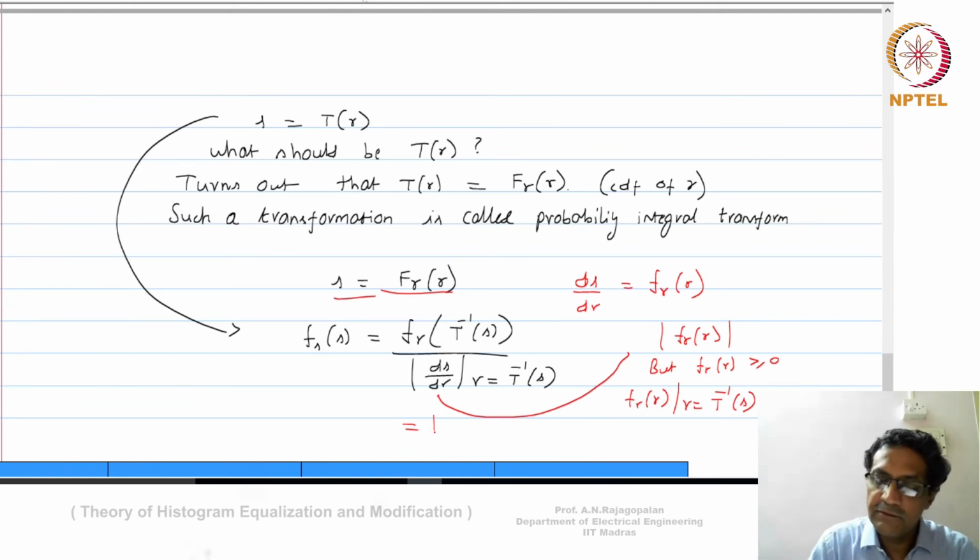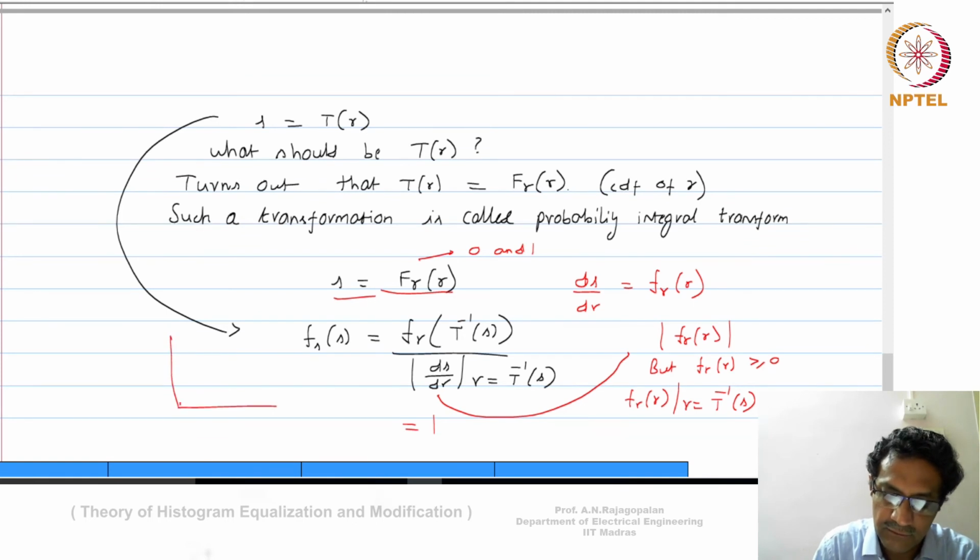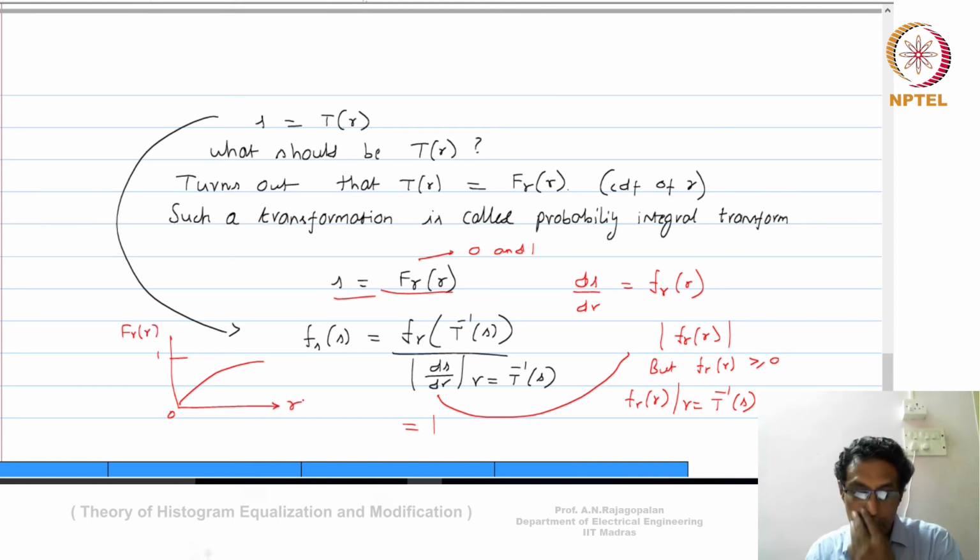Because s is fr of r, and fr of r will always have values between 0 and 1, fr could be something that grows from 0 all the way to 1. This will be your fr of r if you plot it versus r. What this clearly shows is that you have an fs of s that is equal to 1, and s takes values in the range 0 to 1, which is what you wanted.